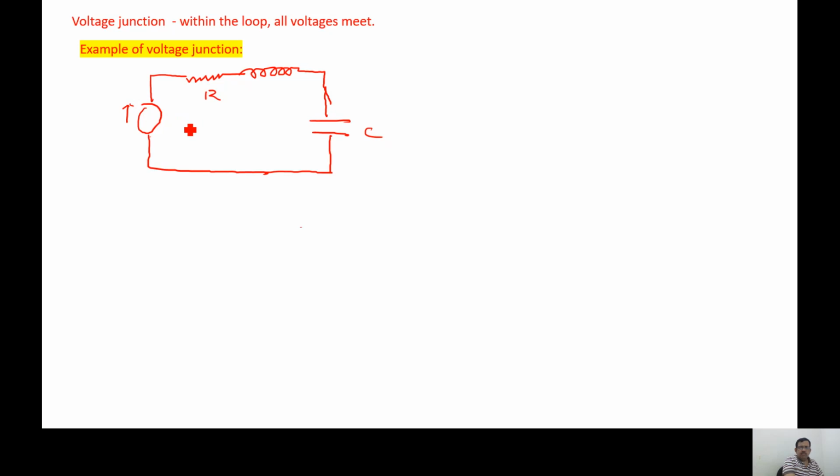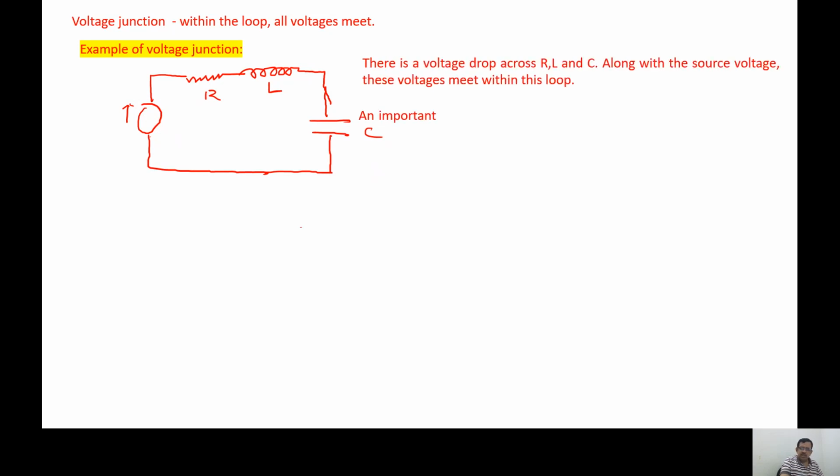From the voltage source, the current flows through the resistor, inductor, and capacitor. There is a voltage drop across each of these passive components, and all these voltages meet within this loop.